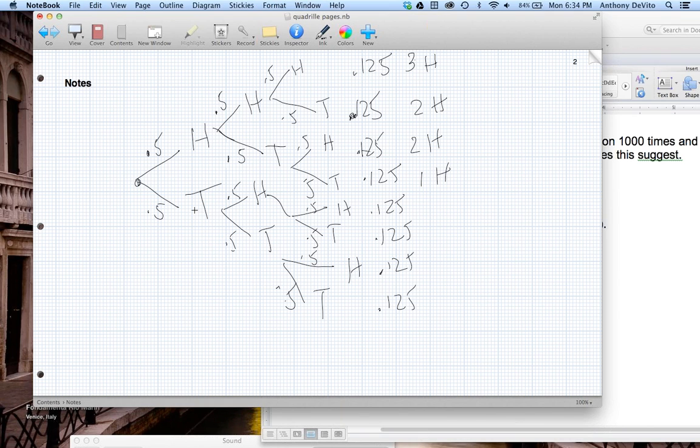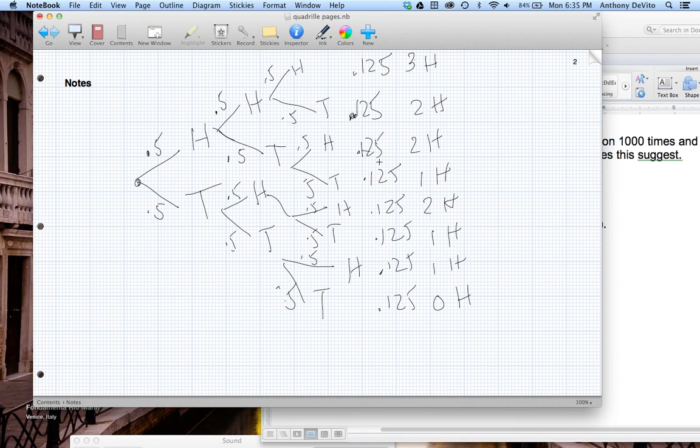Okay, let's go to tails. Tail, head, head is 2 heads. I didn't draw this very neatly, did I? Tail, head, tail is 1 head. Tail, tail, head is 1 head. Tail, tail, tail is no heads, right?